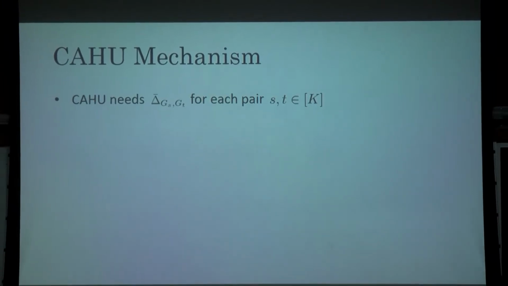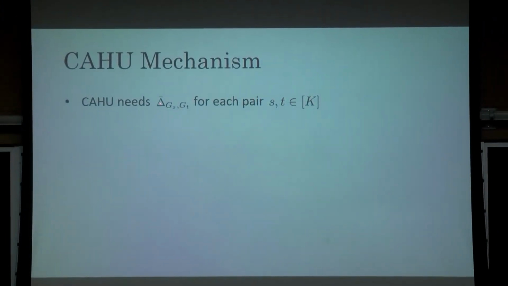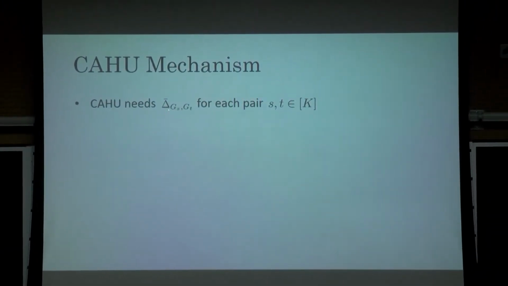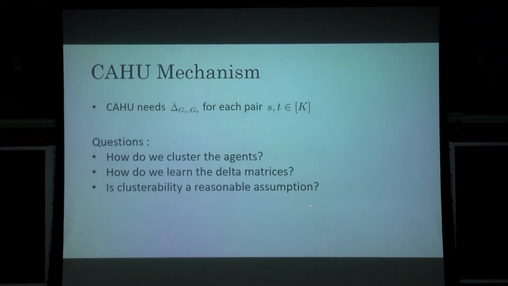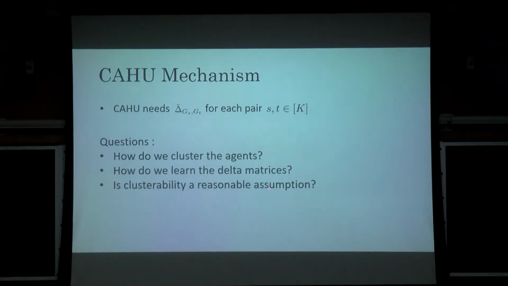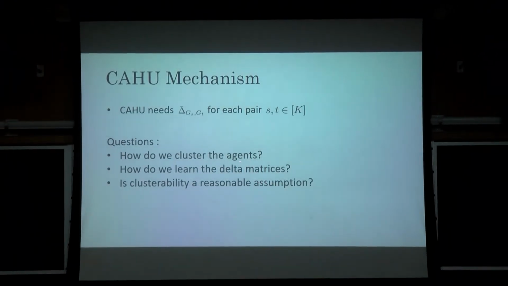We call this mechanism CAHU, correlated agreement for heterogeneous users. Now I will briefly overview the sample complexity results for this setting. We have K clusters, and we need to learn the pairwise delta matrices for the clusters. We have two questions related to sample complexity.